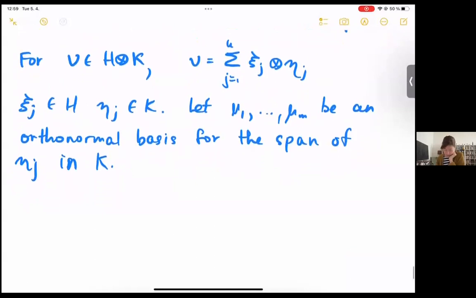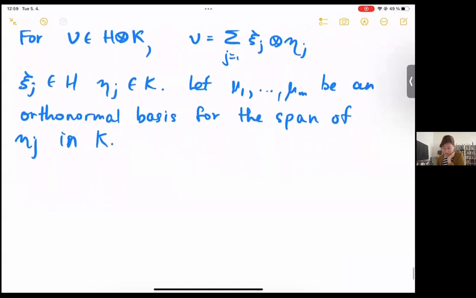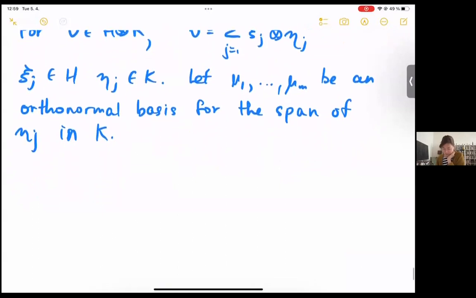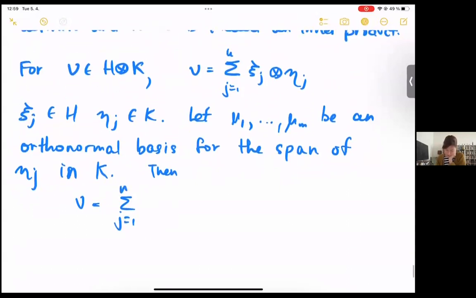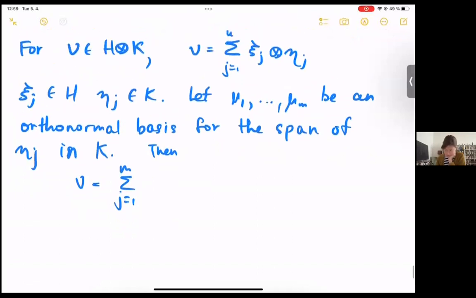Then we can write every eta j as a sum of these basis elements, and then upon potentially replacing our psi j's, we get that we can write nu as a sum over some new m, perhaps.